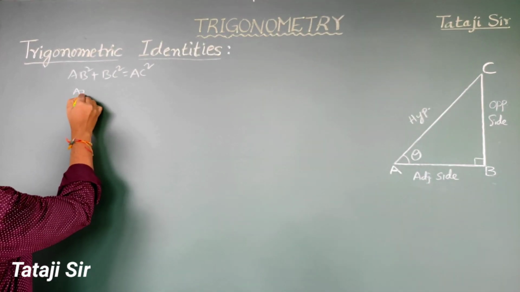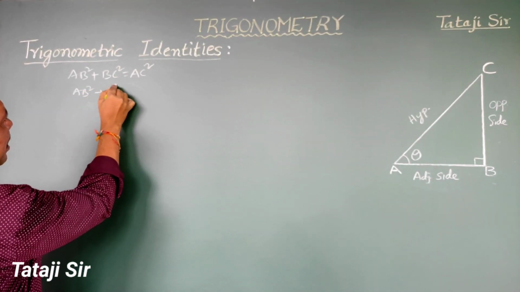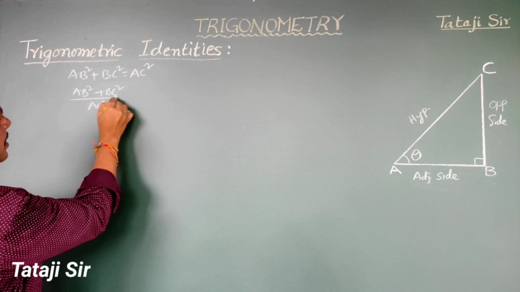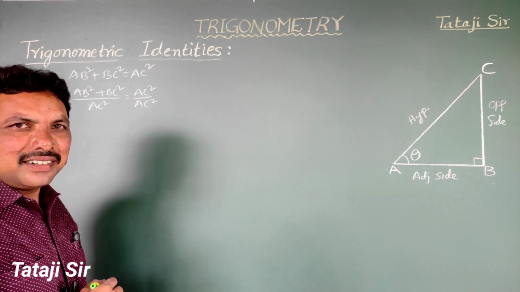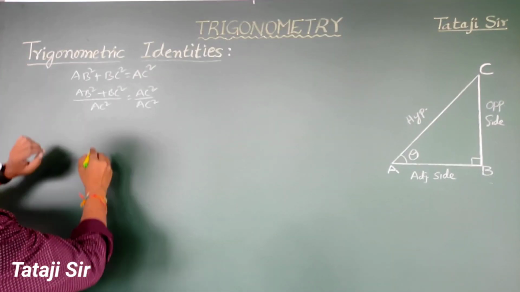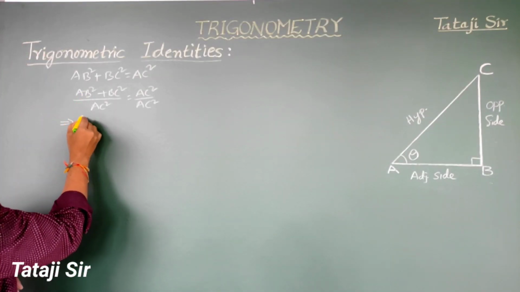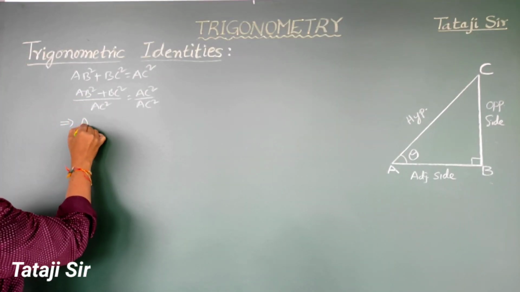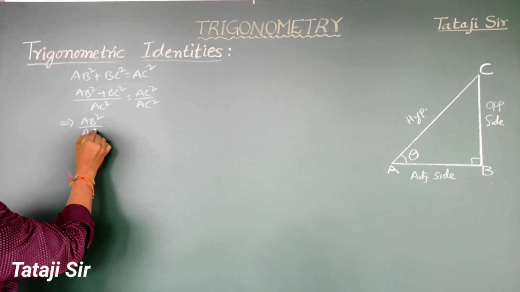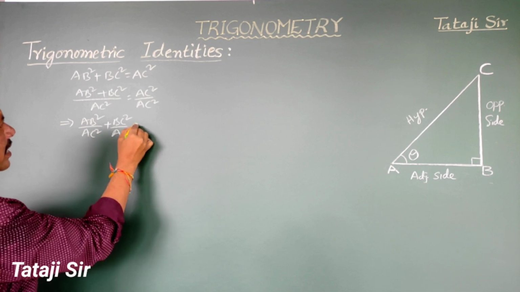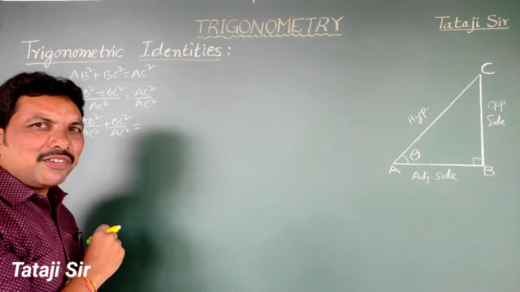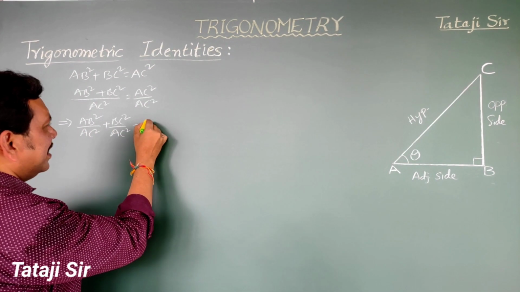Look here. (AB square plus BC square) by AC square is equal to AC square by AC square. Again, this can be written as AB square by AC square plus BC square by AC square is equal to AC square by AC square, that is 1.